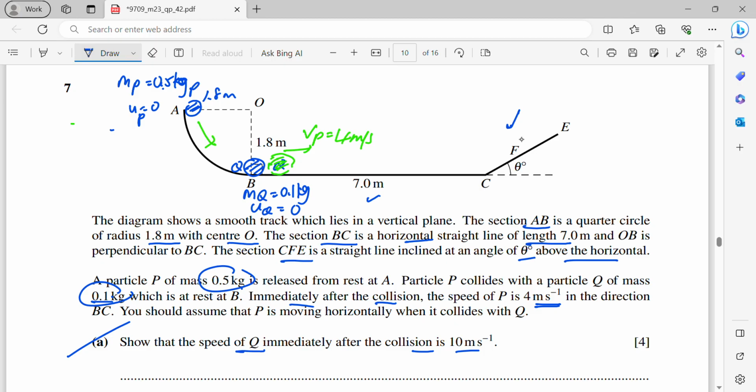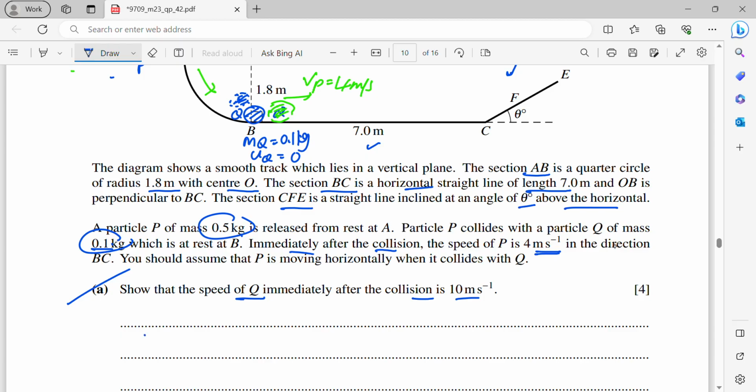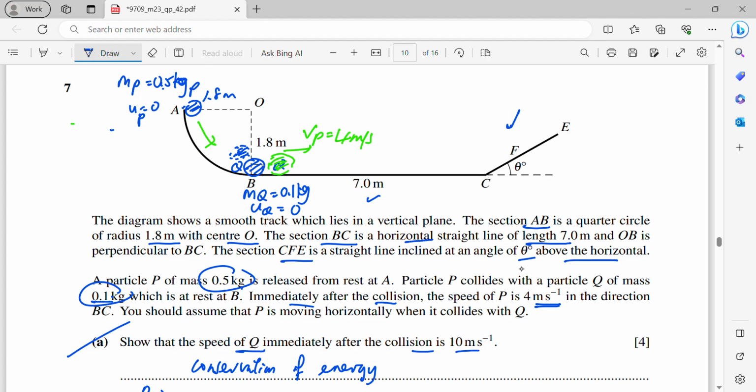Obviously, we have to consider the conservation of energy first, because I do not know the speed of P before it collides with Q. So for P itself, I need to use conservation of energy, because I only know the initial speed of P. At first, particle P has gravitational potential energy, and then it turns into kinetic energy.